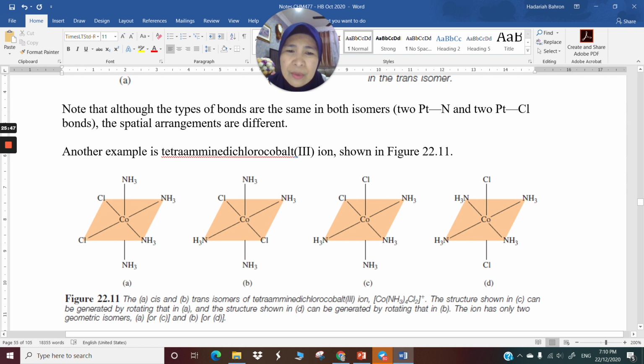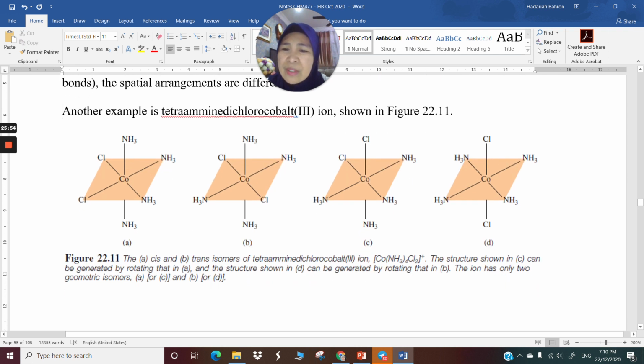Now, A is the cis and B is the trans isomer of the tetraamminedichlorocobalt(III) ion, and C can be generated by rotating A. When you rotate A, you make C. Can you see that?